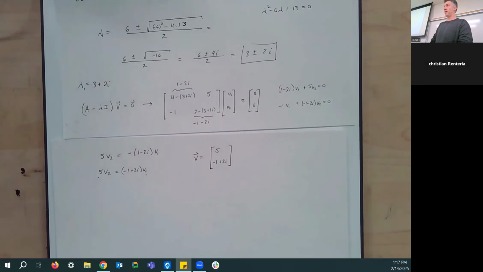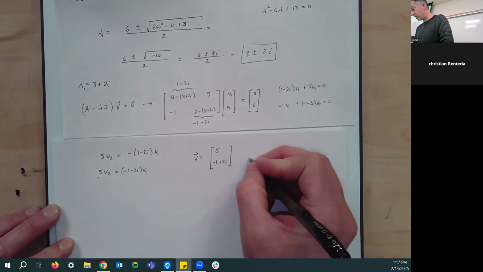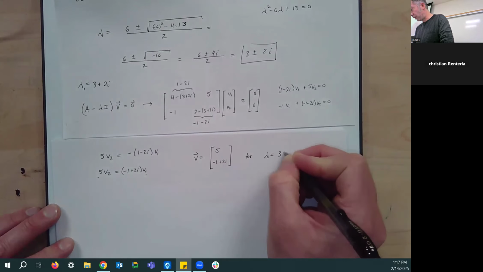We're just talking about finding eigenvalues and eigenvectors when they're complex, and then finding the solution based on that. Now, here's what's nice about this. Although you don't actually really need to know it, the other eigenvector with the other eigenvalue is just the complex conjugate, meaning this eigenvector goes with this eigenvalue for lambda equal to 3 plus 2i.